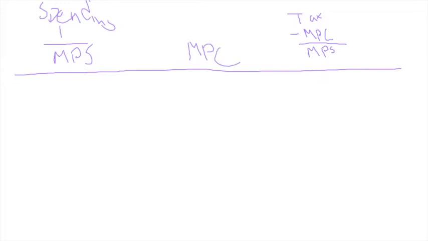Here's all my possible values of my MPC: 0.90, 0.80, 0.75, 0.66, 0.60, 0.50, and 0 is possible, although it's not going to happen a whole lot.